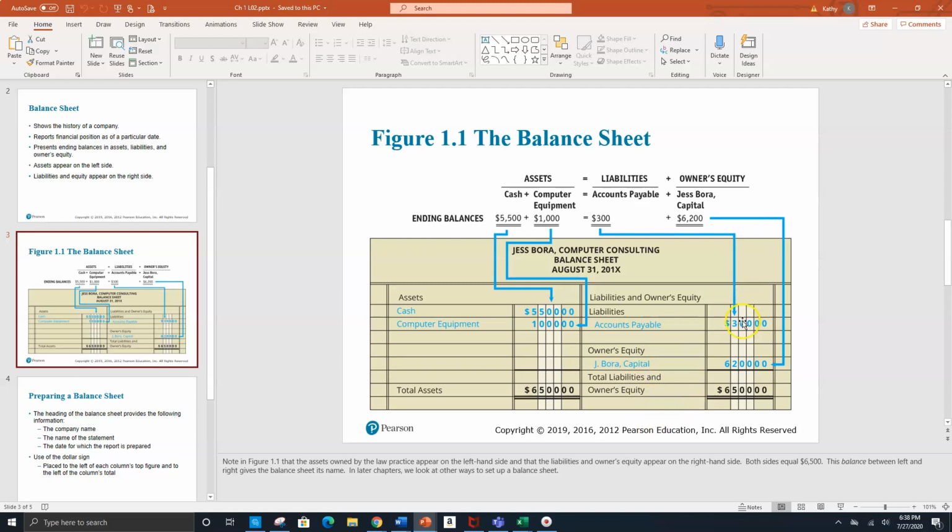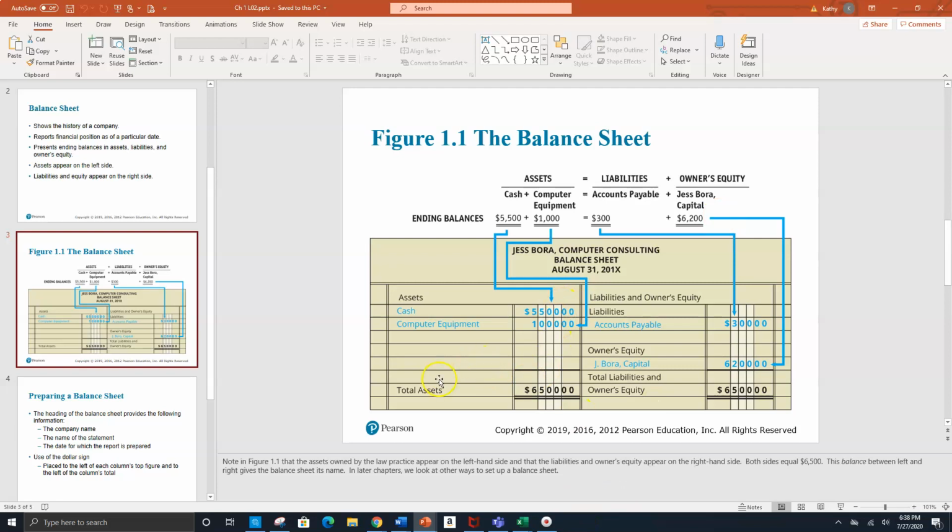Okay, so you take your totals and add them up on both sides, and a balance sheet, as it implies, is balanced. So it's $6,500 on the left side, $6,500 on the right side. So your assets equal liabilities plus owner's equity, which is your accounting equation.